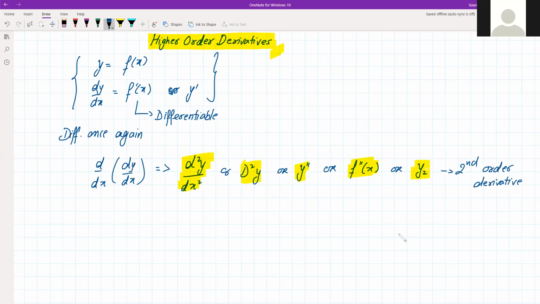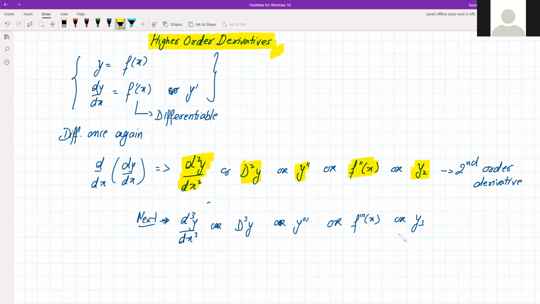In the same way, if even this is differentiable, then you can differentiate it again. So the next level will be differentiating the first function thrice. So it will become d cube y divided by dx cube, or you can represent it as y triple dash, or f triple dash x, or y3.